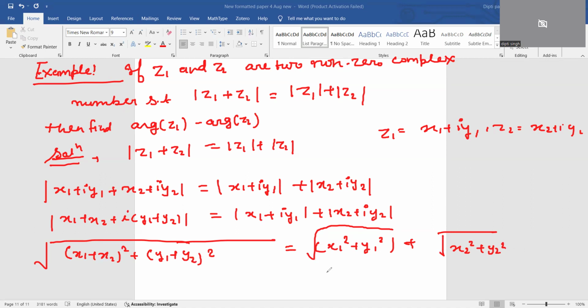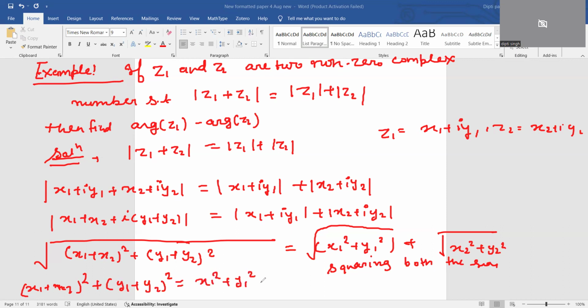Now squaring both the sides. So what we get? x1 plus x2 whole square plus y1 plus y2 whole square equals x1 square plus y1 square plus x2 square plus y2 square plus twice square root of x1 square plus y1 square times square root of x2 square plus y2 square.